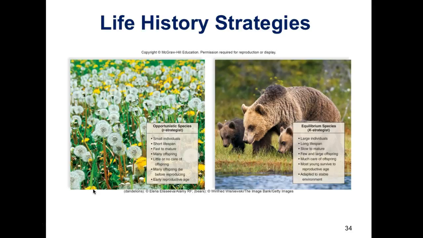Whereas the equilibrium or K strategist species are going to be larger individuals with a longer lifespan. They're going to be slower to mature, have few and large offspring, provide much care for the offspring, and most young are going to survive to a reproductive age, and they are adapted to a stable environment.